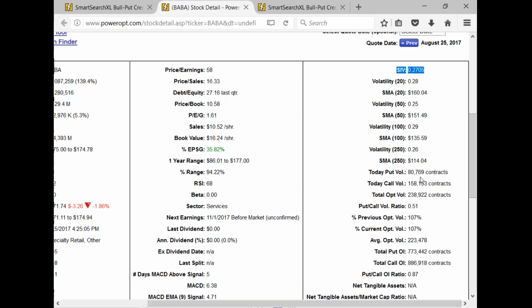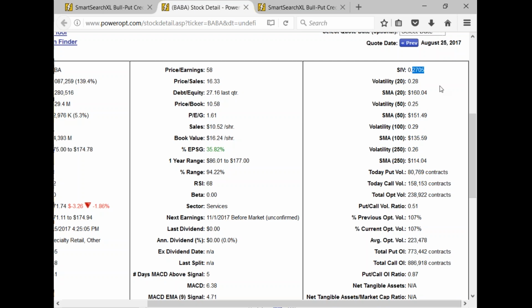The SIV is also shown here. This is the average implied volatility of the near-term in-the-money and out-of-the-money calls and puts. So it's an average of all the near-term options implied volatility, which in most cases will relate pretty closely to the 20-day moving average. With options, just the next 1 or 2 cycles out, including weeklies.